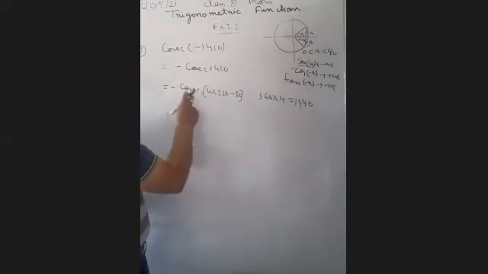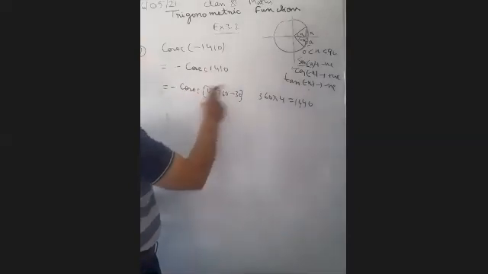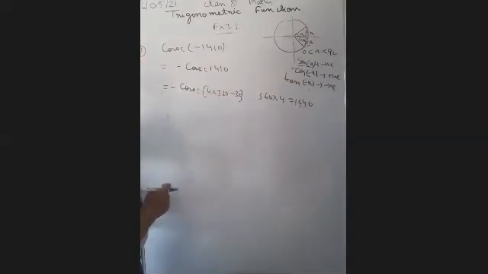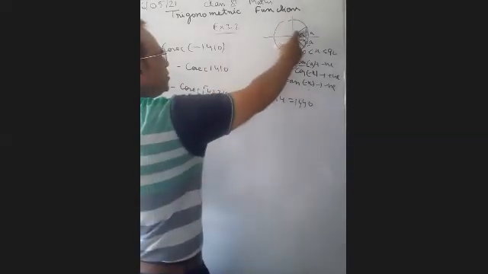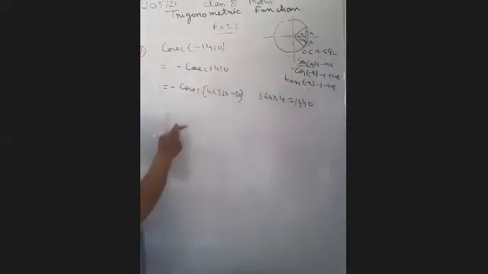Now we have to use this formula cosec 360 minus x. यानी कि 360 minus x, we will be in fourth quadrant. In fourth quadrant cosec x will be negative.